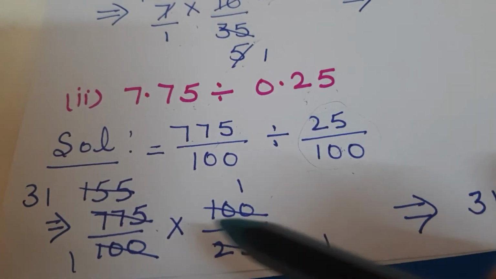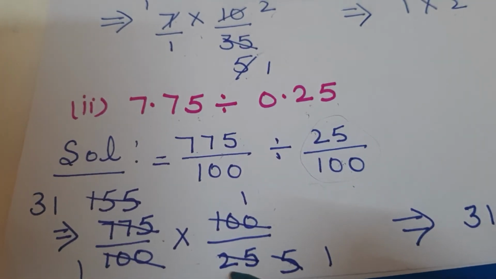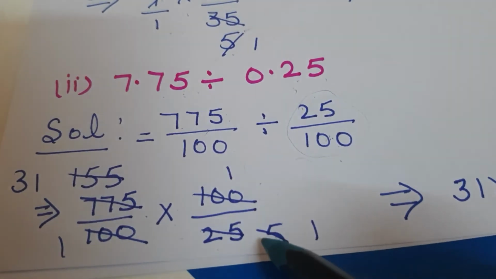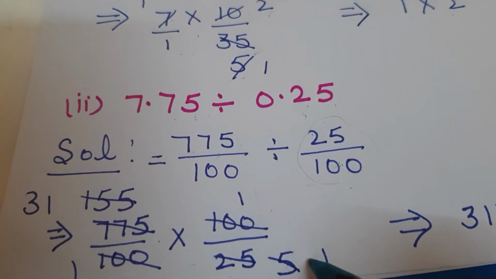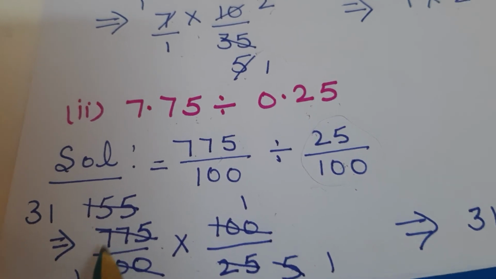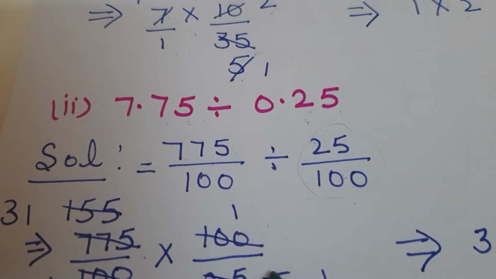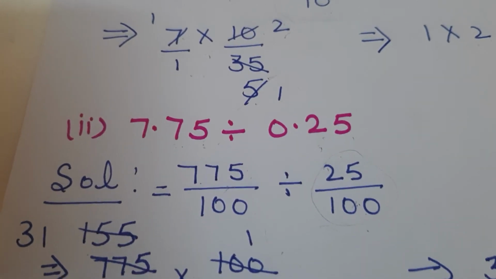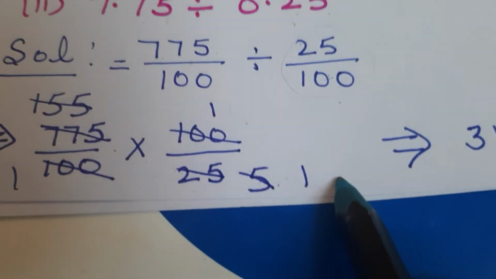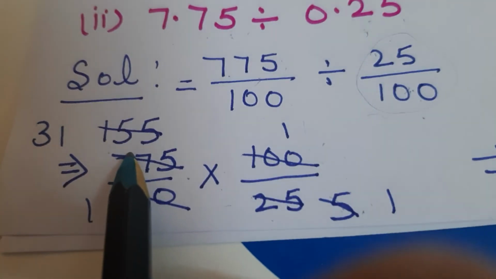So now we will cancel. 100 ones are 100. First you can cancel it on the 5's table. 5 5s are 25. This is 155. Again this 5 will be cancelled. 5 1s are 5, and this is 31 5s.